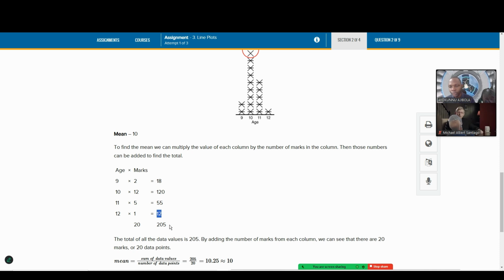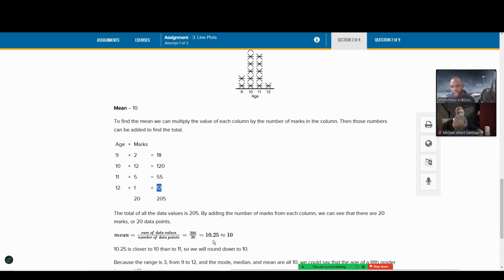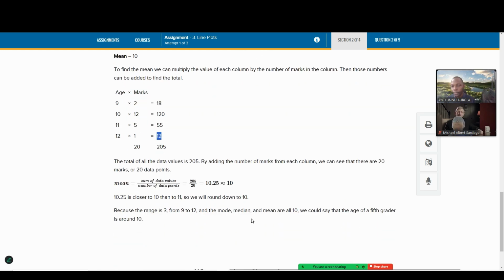So 205 divided by 20 is 10.25, which is approximately 10 for the mean. So we can see the median, the mode, and the mean are all around 10. It's only the range that is like an outlier, which is 3. That is the biggest minus the smallest.